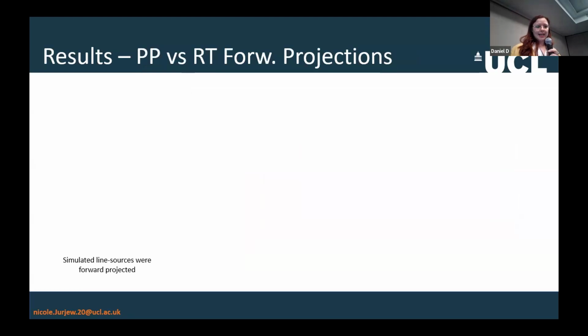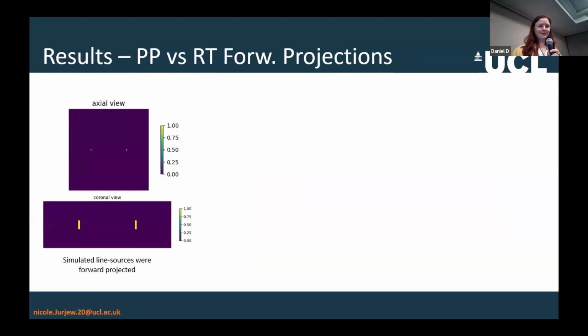We also had a closer look at the forward projections of ray tracer versus Parallelproj, but we had a look at simulated line sources because it's just easier and it catches the eye. You can expect to find a clear difference when you forward project line sources versus some real data.